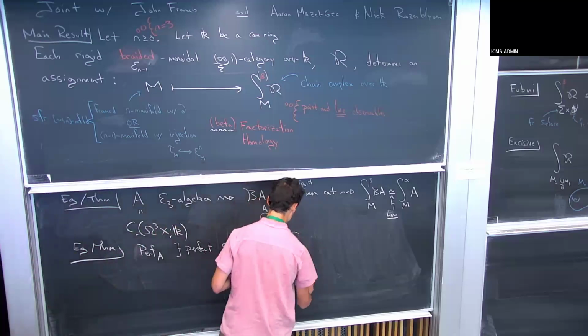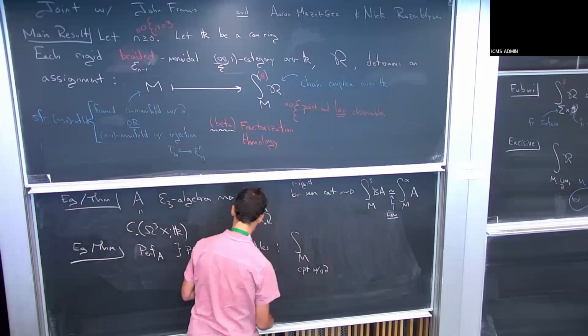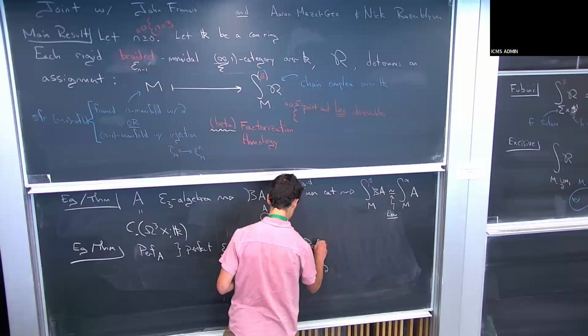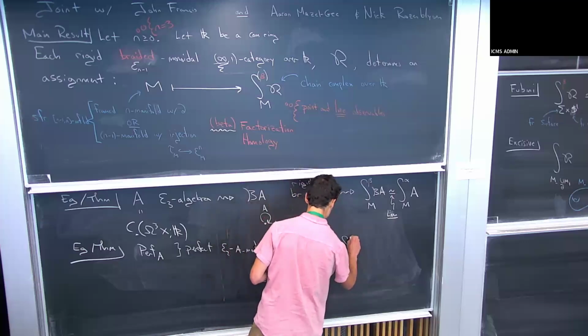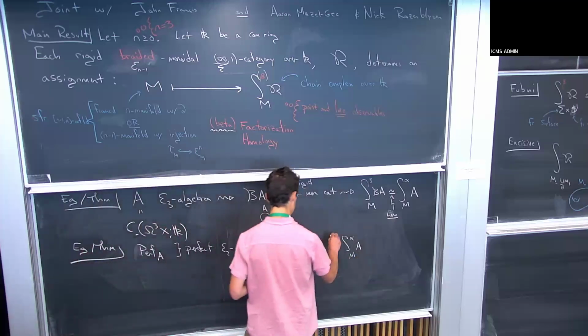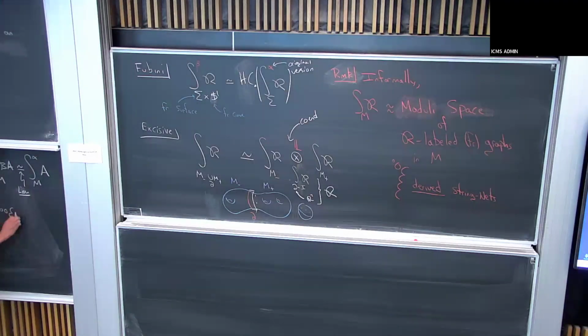Provided M is compact, with boundary, then there's this Morita invariance result. So this is Morita invariance.